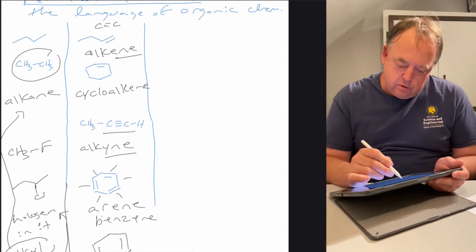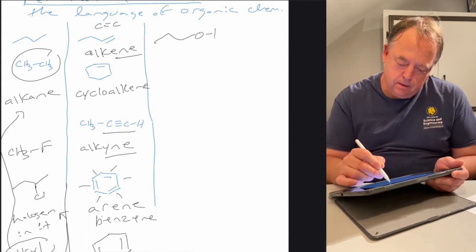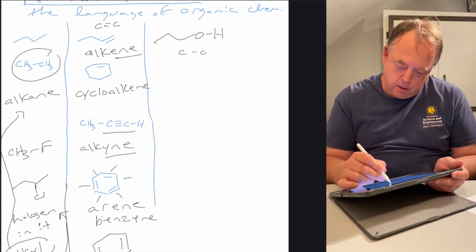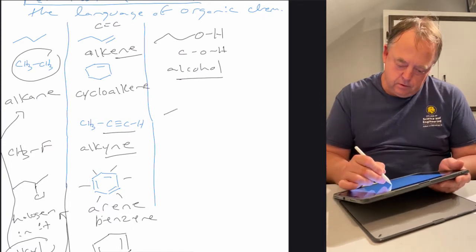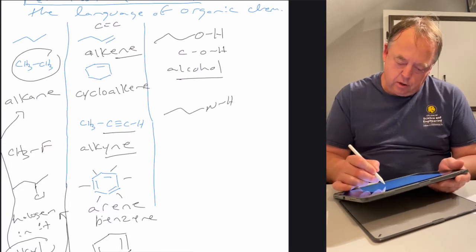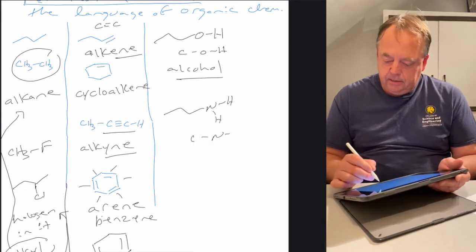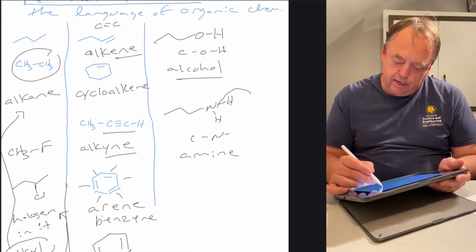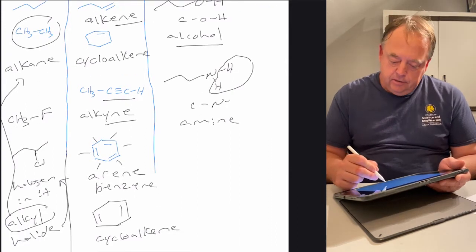Okay, so if you have an alkane chain and the molecule has an OH in it, so specifically it's got carbon, oxygen, hydrogen, then that's called an alcohol. If it's got a carbon, nitrogen in it, then that's what's called an amine. The nitrogen could have 1 hydrogen, it could have 2 hydrogens, or it doesn't have to have any hydrogens on it.